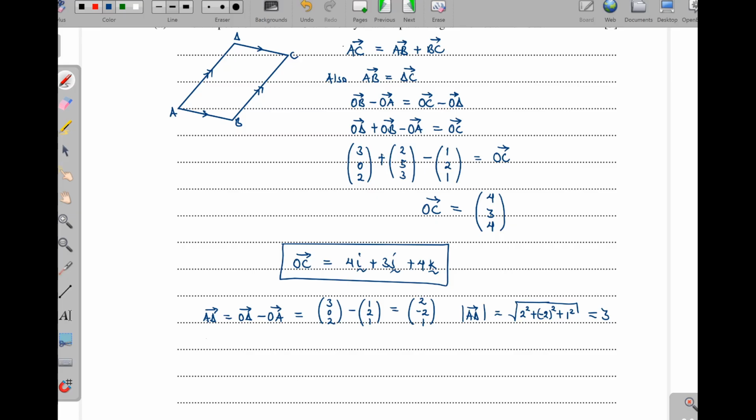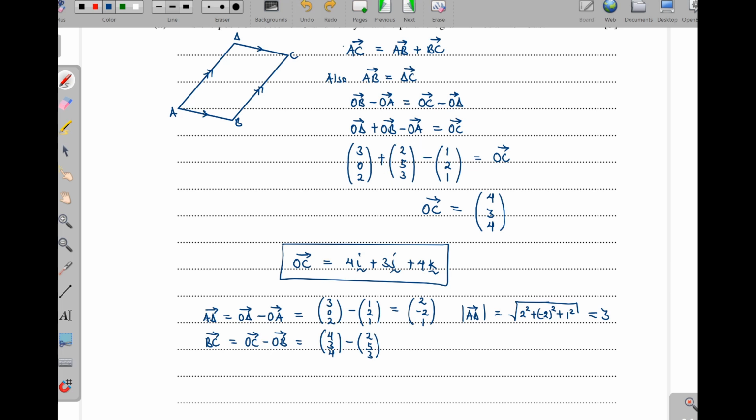Then we go to BC. AD, then let us look at BC. Are they the same? This one is going to be OC minus OB. OC, right from here, we got this 4, 3, 4. Then minus OB, which is 2, 5, 3.